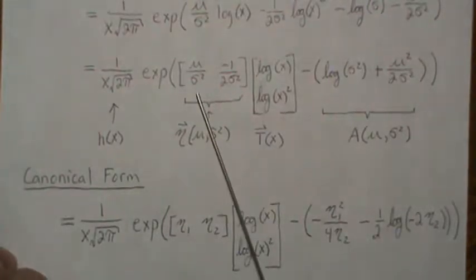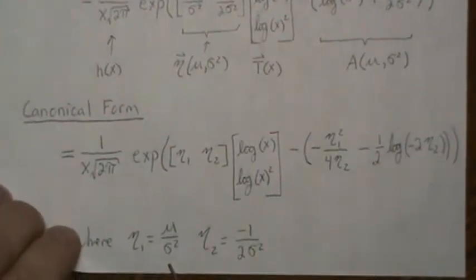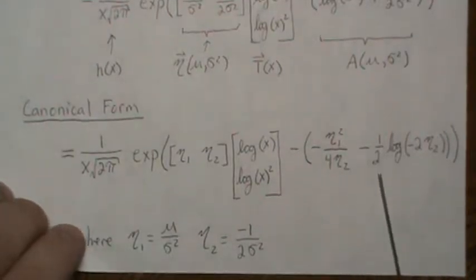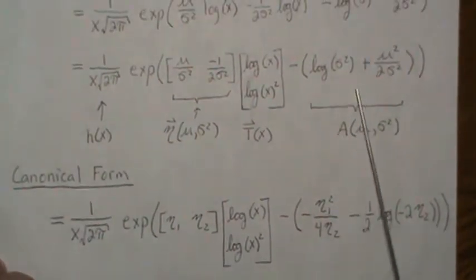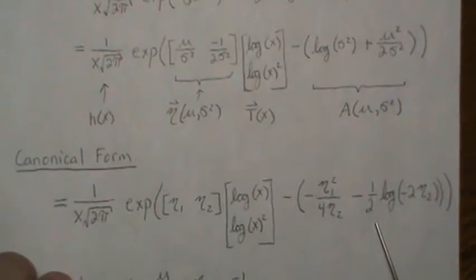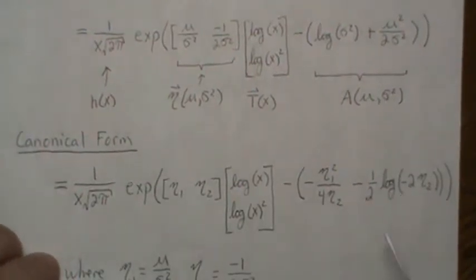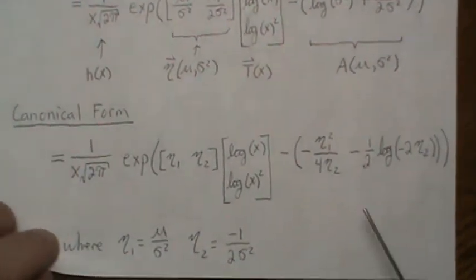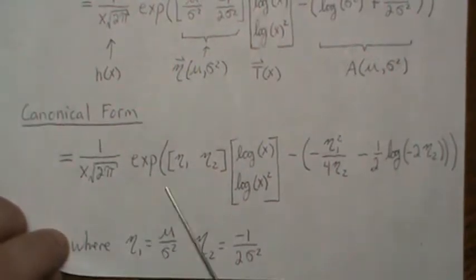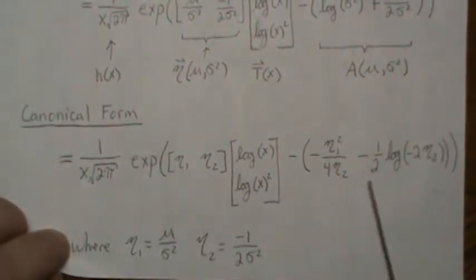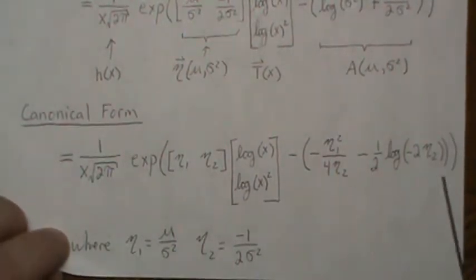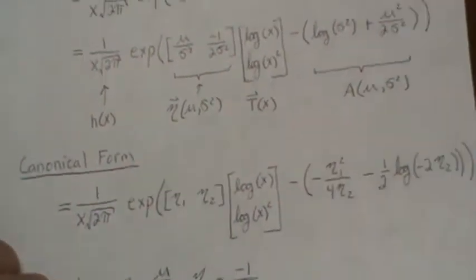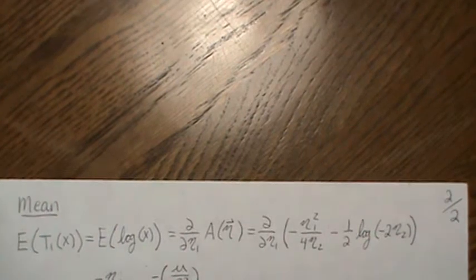Now, if we were to plug in what we know about eta 1 and eta 2 into here, we would get this log partition back, and we should, because these are the same, just reparameterized differently. But the beauty of parameterizing it in canonical form is that we get to take partials of this log partition, and it ends up being the moments of our sufficient statistics. So let's look at that.